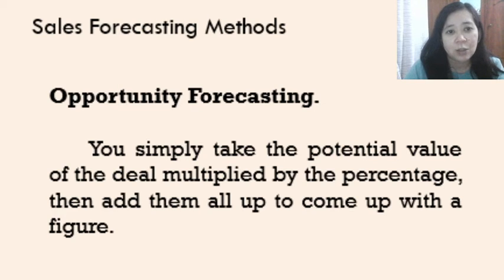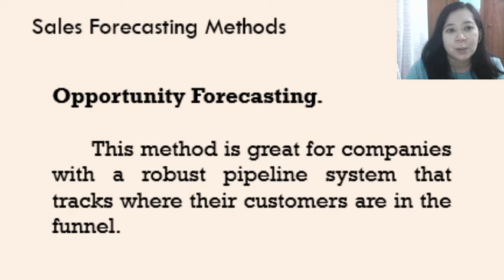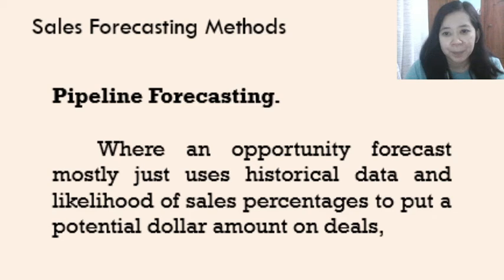Here you simply take the potential value of the deal and multiply it with the percentage, then add them all up to come up with a figure. So this method is great for companies with a robust pipeline system that tracks where their customers are in the funnel.